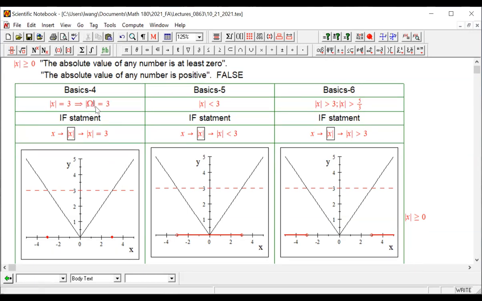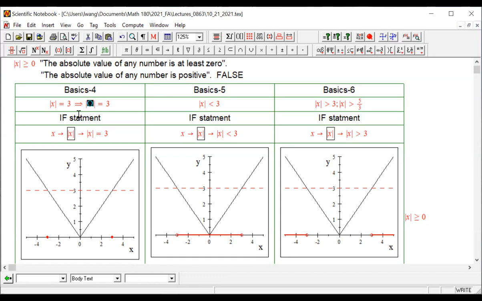The absolute value of anything. What I mean by anything, I mean anything. You follow me? It could be a more complicated expression, such as the ones you see at basic 7.